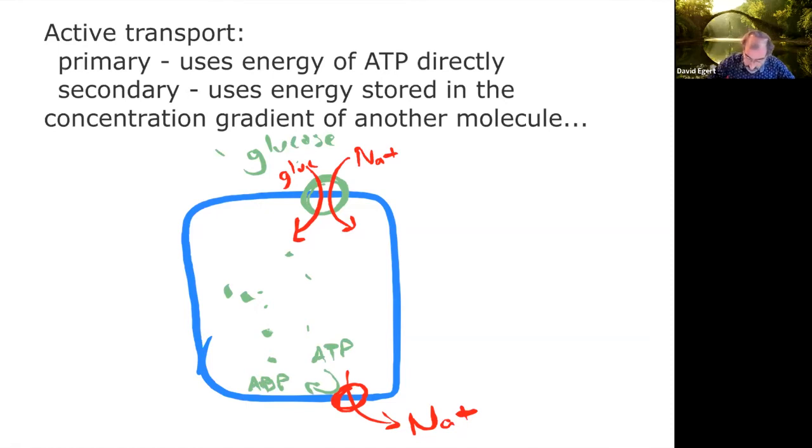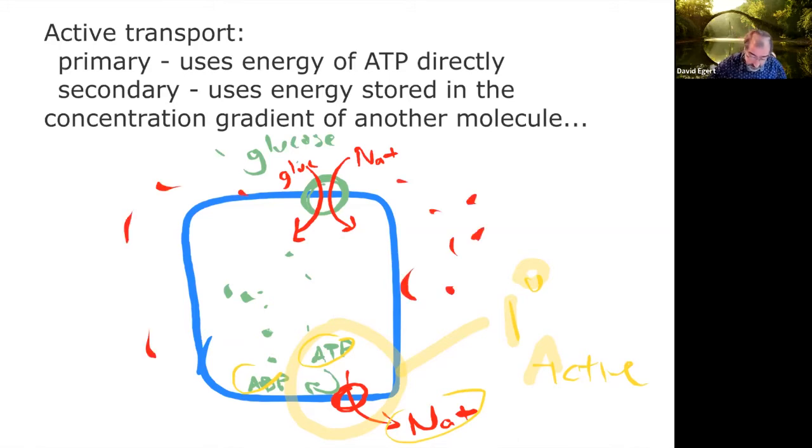So down here, let me draw that better. Primary active: I'm using the power of ATP to pump the sodium out, which means it's high sodium outside, low sodium inside. So sodium wants to come in.